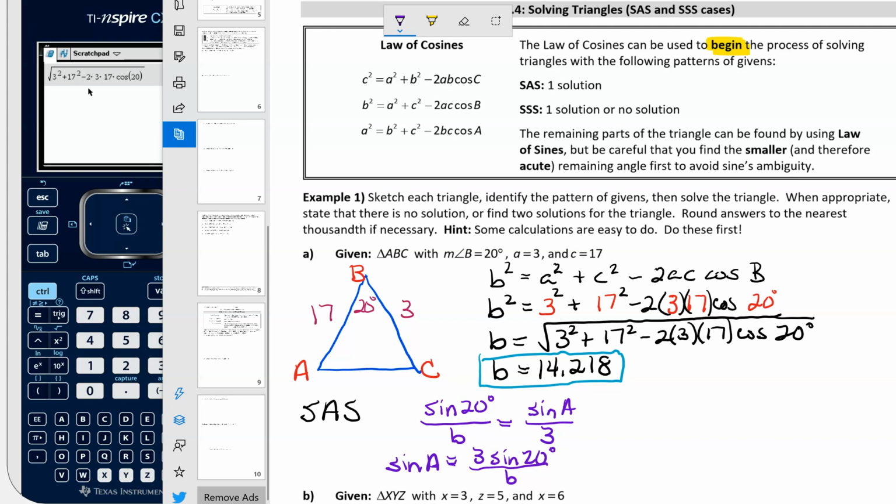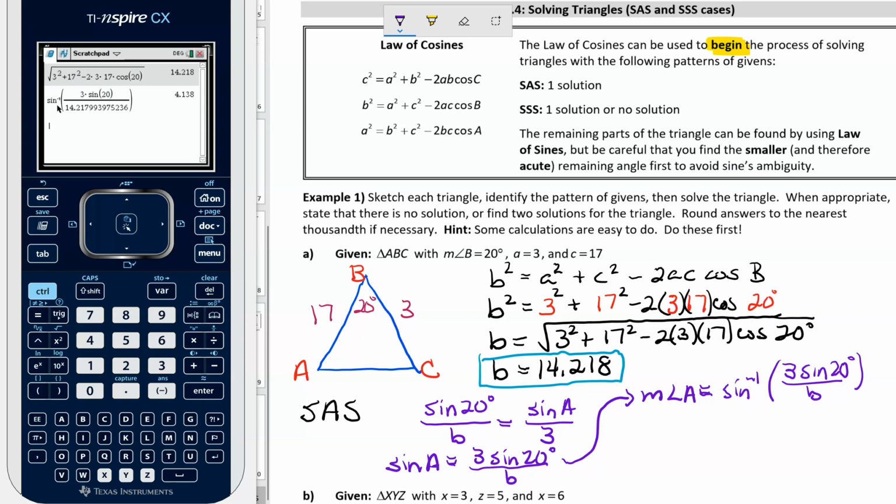But remember, we're not done yet because we need to undo the sine, or take the inverse sine, in order to find the measure of angle A. When you are showing your work, remember to show me the step where you have the calculator ready form of the answer. Measure of angle A equals sine inverse of 3 sine 20 over b. Now let's enter that into the calculator using the answer feature for b.